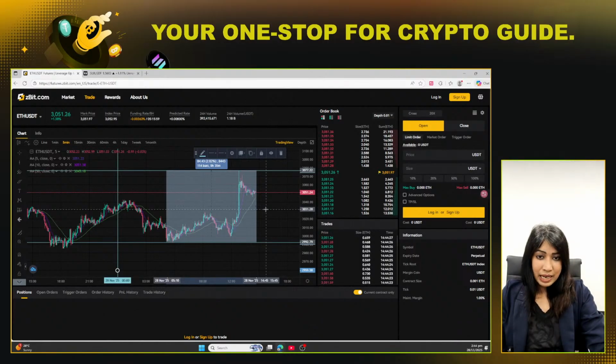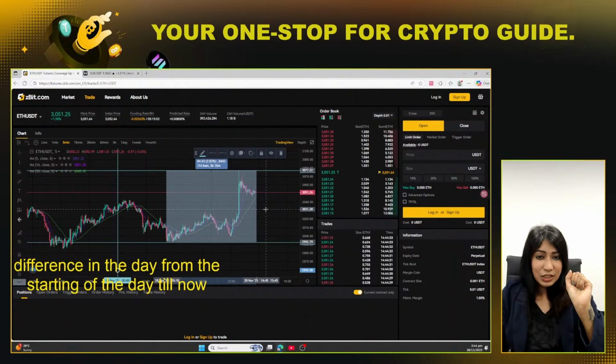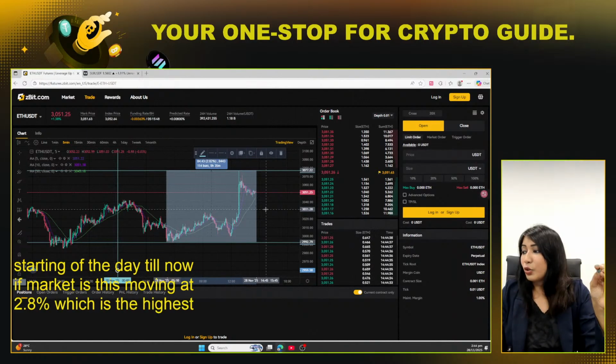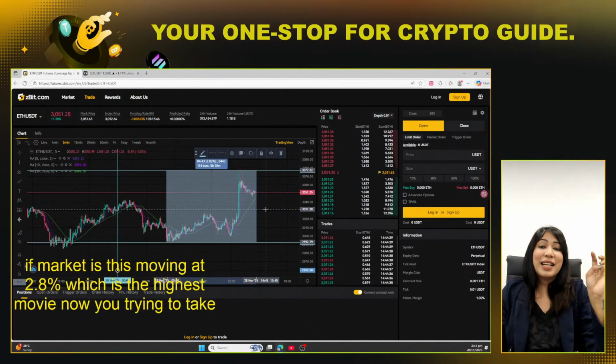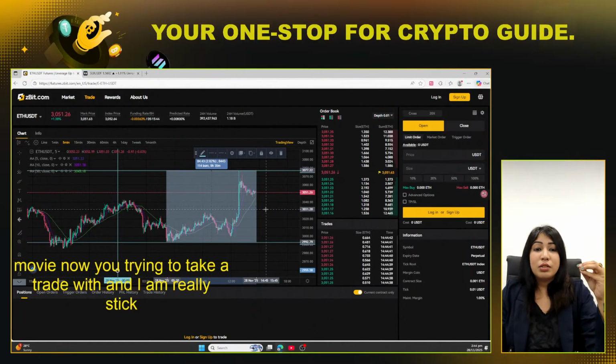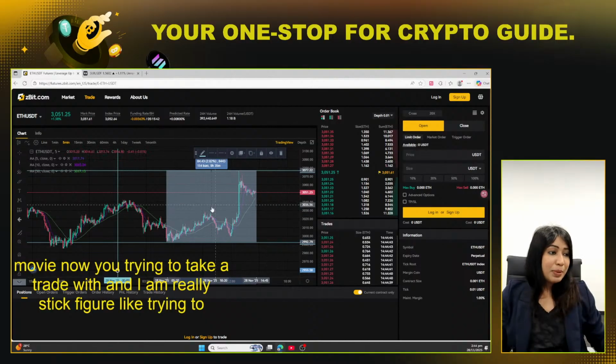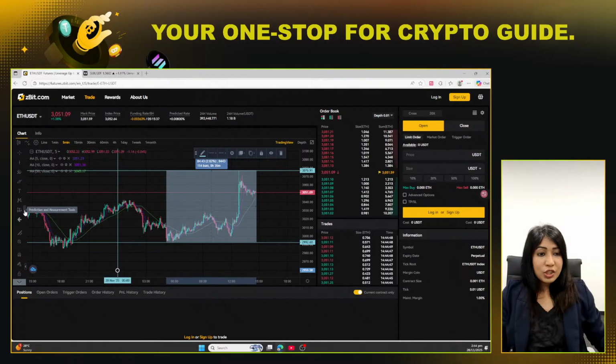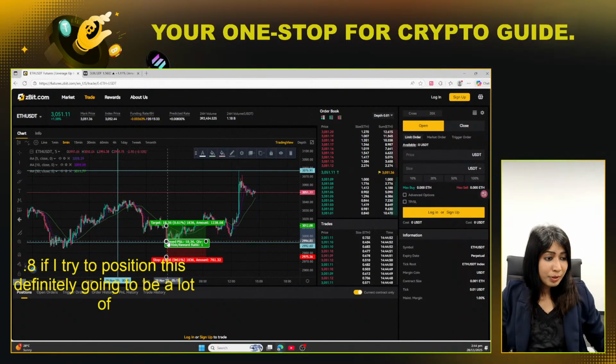Now we've seen this scenario. If from the start of the day till now the market is moving at 2.8%, which is the highest it is moving, and you try to take a trade with an unrealistic figure, for example on this 2.8% move, it's not going to be a 1:2 ratio.